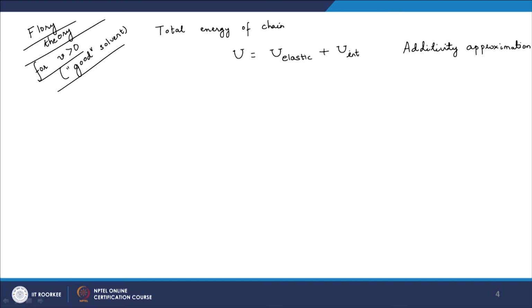The reason is this: if, for example, a chain has a non-bonded interaction, then the elastic energy will not be the same as that in the case of an ideal chain. It will not be as stretched as the ideal chain would, because it has either a repulsive or an attractive interaction.